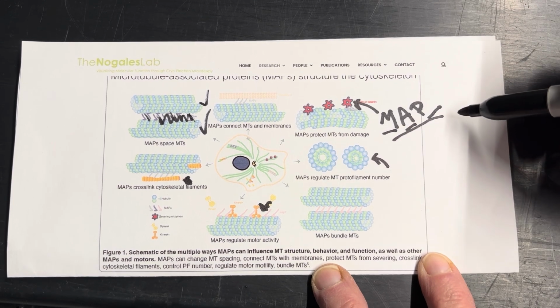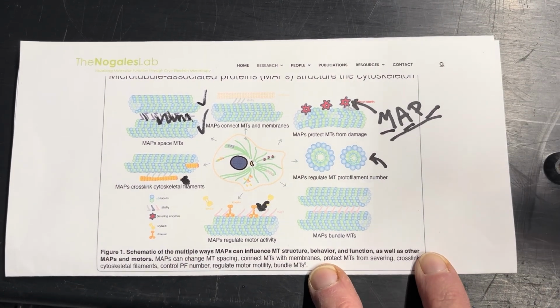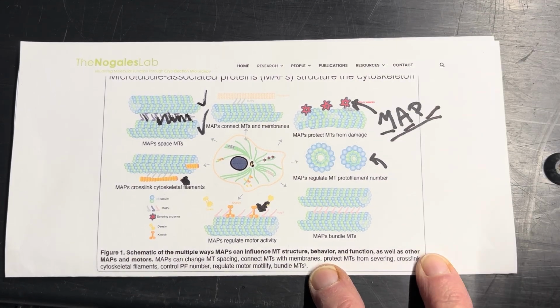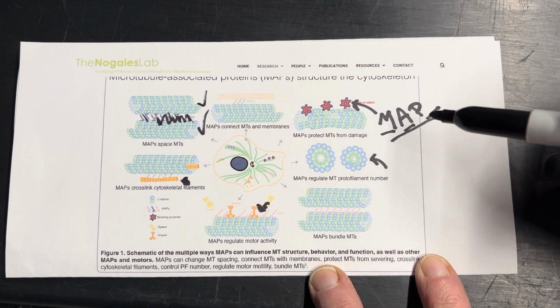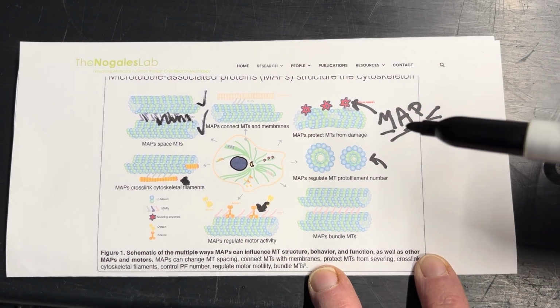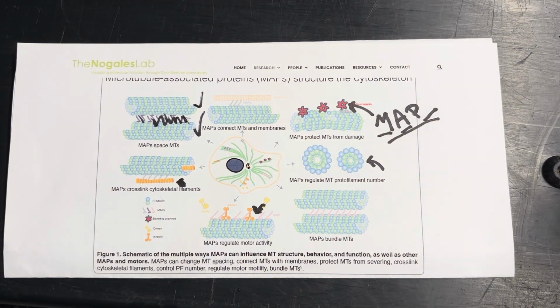The MAPs are very specific to different microtubules. So attacking and understanding MAPs in cell division and cell production and cell health, understanding the MAPs may be a ticket to target drug development.